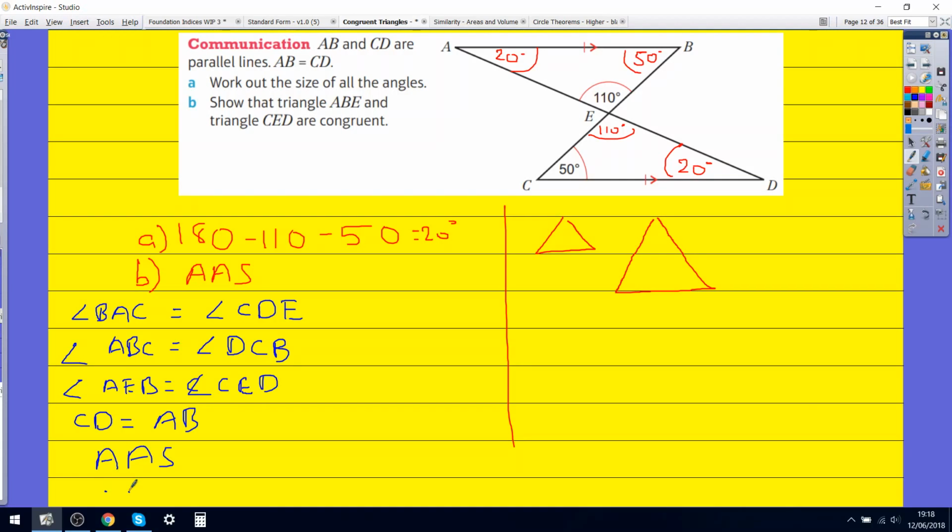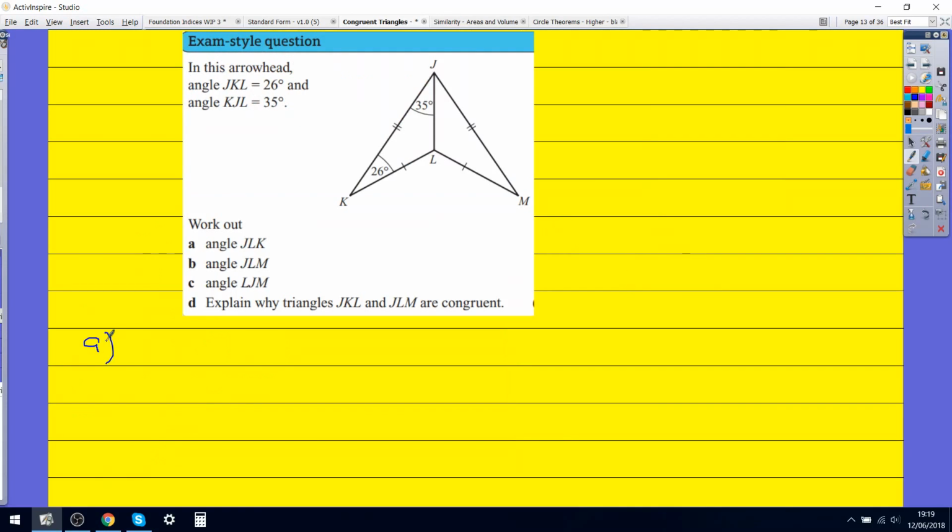Okay, so we know that angle KLJ would be 119 degrees, because angles in a triangle add up to 180 degrees. And angle JLN is also equal to 119 degrees, I think.